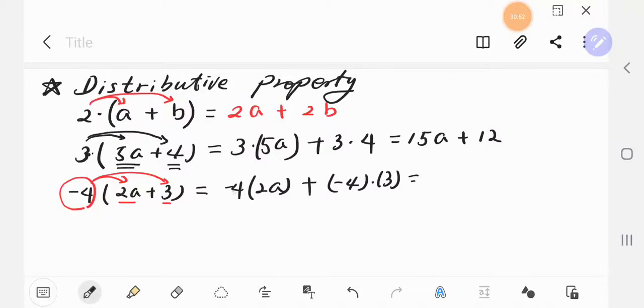Then negative 4 times 2 is negative 8a plus negative 4 times 3 is negative 12. So you can write negative 8a, and plus negative 12 means what? Minus 12, right? Whenever the second term is a negative number, rewrite this addition as a subtraction.